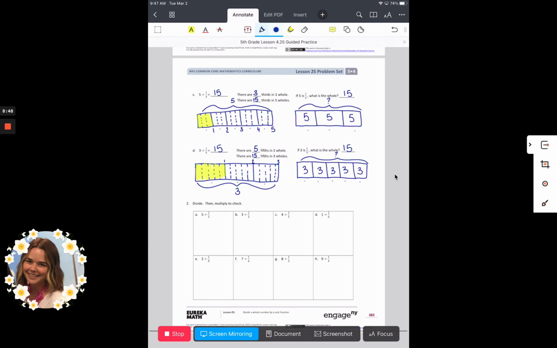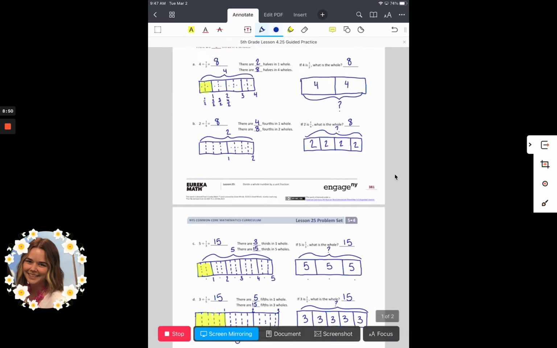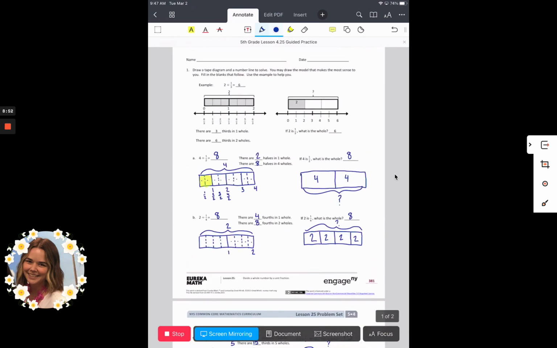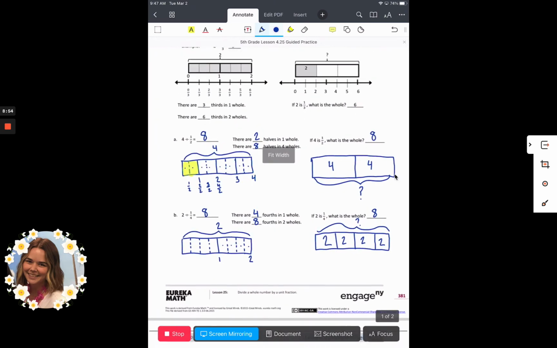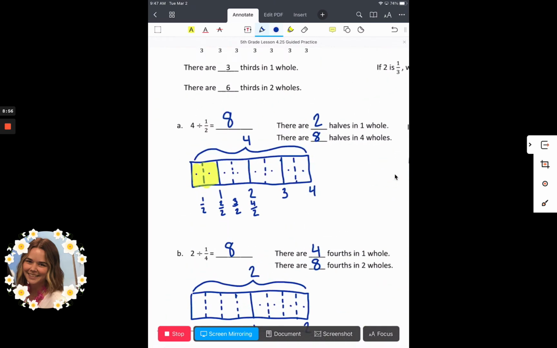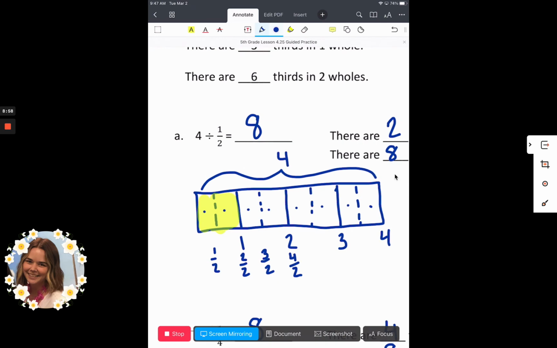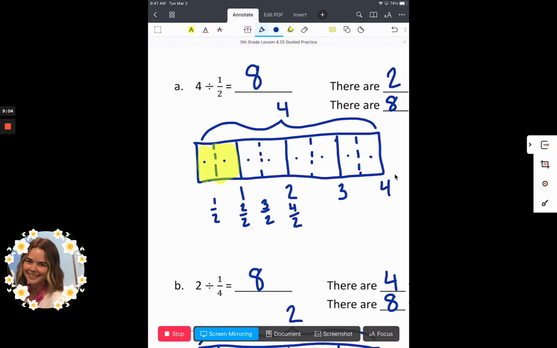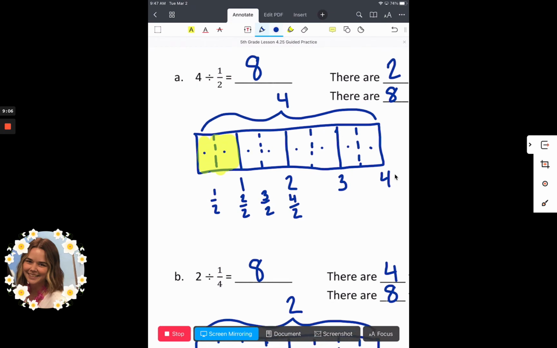Now, before we go down to number 2, I want to take one look back through this, and I want to see if we notice anything. So if we have 4 divided by 1/2, that's equal to 8. 2 divided by 1/4 is also equal to 8.